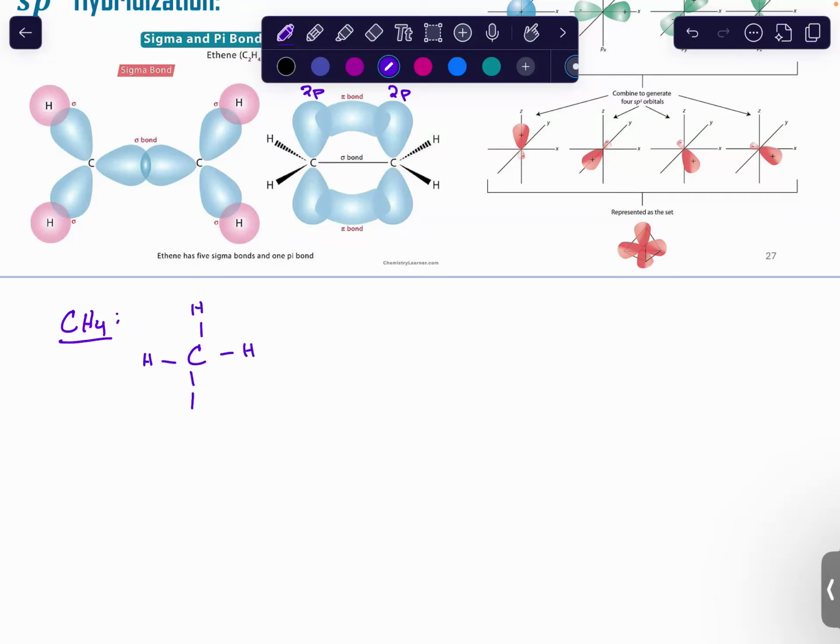Here we have an AX4. When you're looking at this, A is your central atom. X, and here comes the biology term, are your ligands. In chemistry, a ligand is an atom or a functional group bonded to a central atom that affects geometry and reactivity.